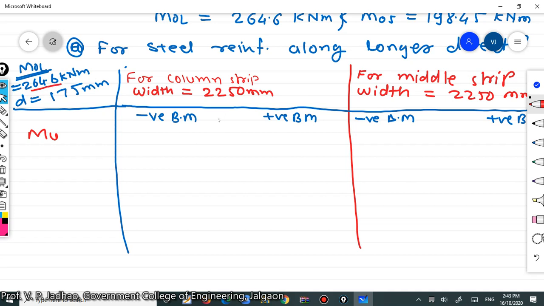Now out of this 264.6 kilonewton meter, we will have 65% as negative bending moment. So 65% means multiply this value with 0.65, so 0.65 multiplied by 264.6. Okay, so 0.65 is negative bending moment.